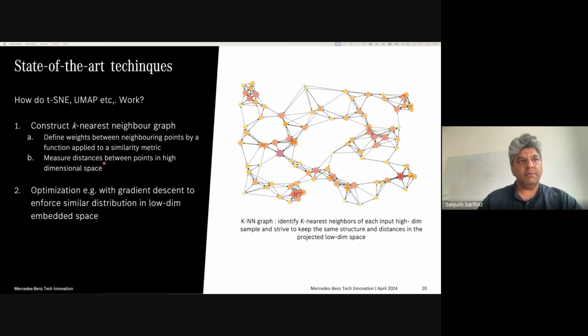And then the measured distance between points in high dimensional space are used to optimize an objective directly in the low dimensional initialized space, where typically with gradient descent, SGD, you want to match the similar distance distribution of the high dimension points in this low embedded space.